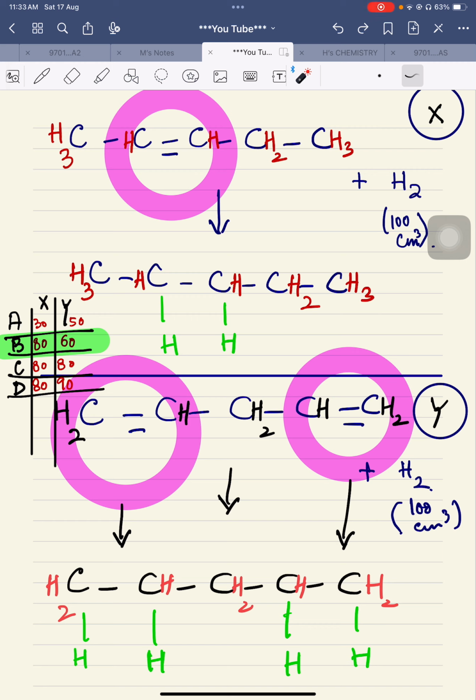So after the reaction, when the examiner measures the volume of hydrogen left from X and from Y, he should observe that X consumes lesser hydrogen, whereas Y consumes greater hydrogen.